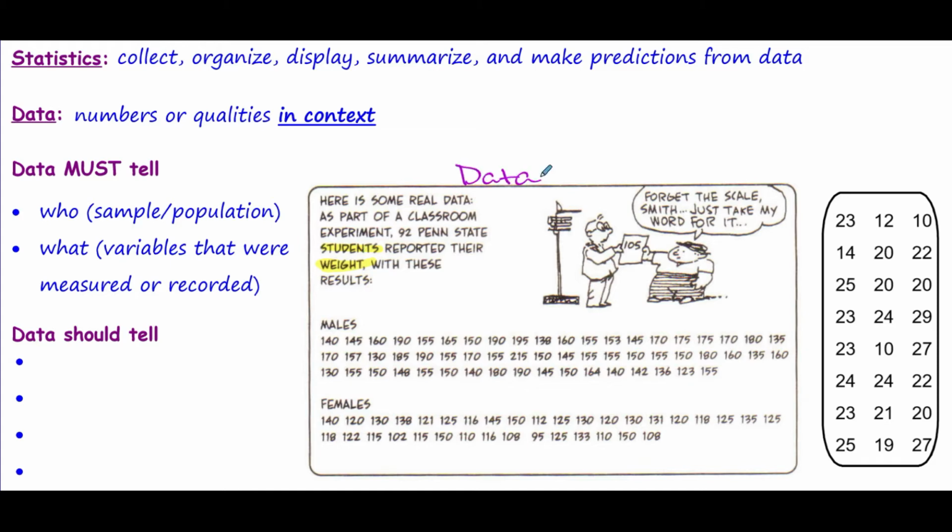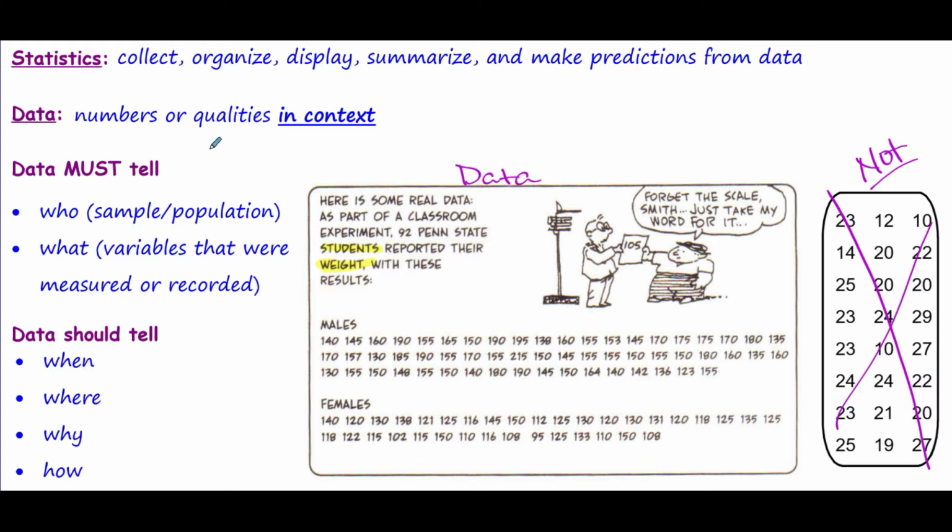So this information would be considered data. Over here, this is not data, because although it is a list of numbers, we don't know what it represents. It could represent the number of days someone went to the pool in the summer. It could represent the number of books someone's read. It could represent how long it took people to accomplish a particular task. We have no idea. So without that information, we would not consider it data.